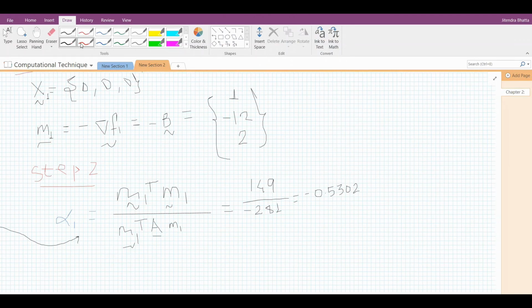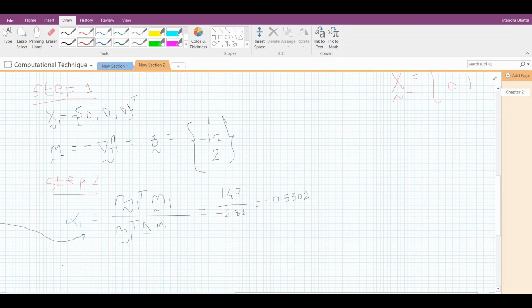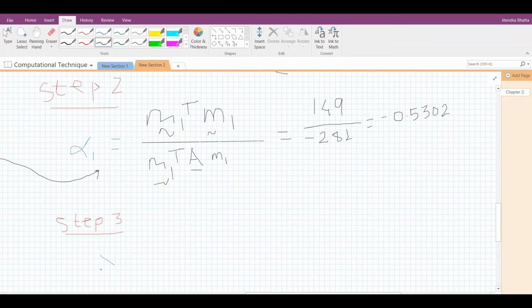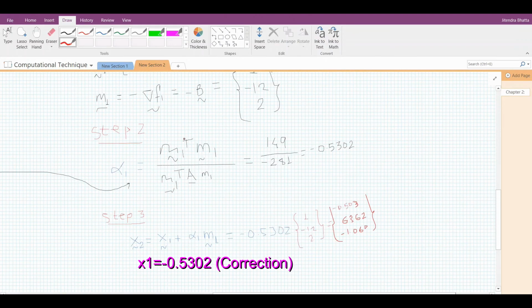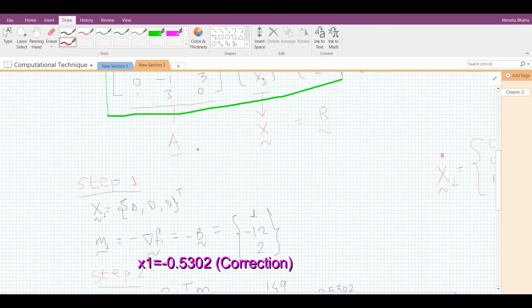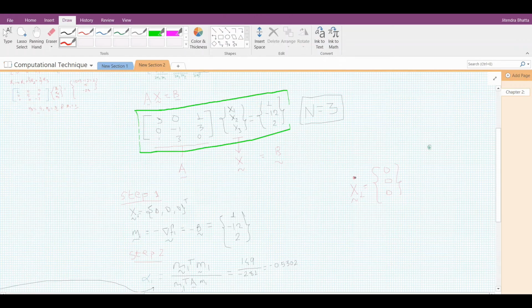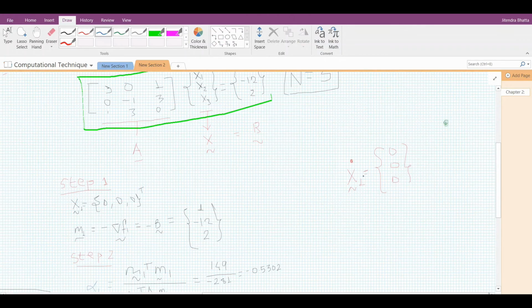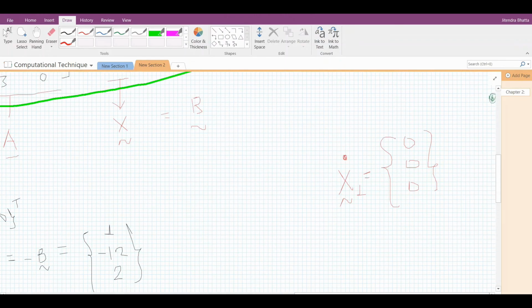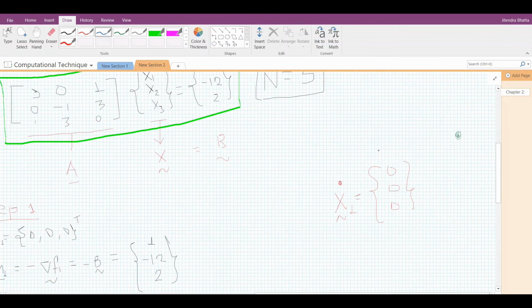And the third step is to find x2, which will be equal to, this means that we started here and we have reached another point somewhere here, x2, using alpha 1 m1.